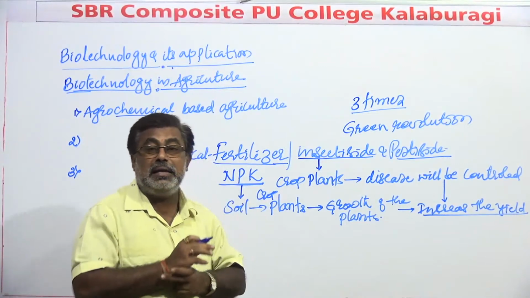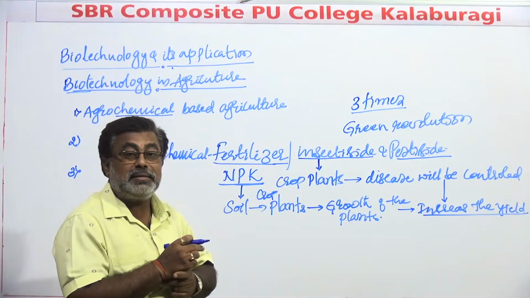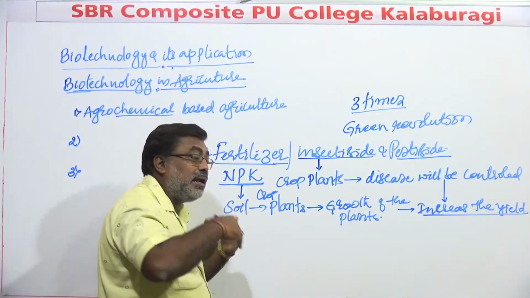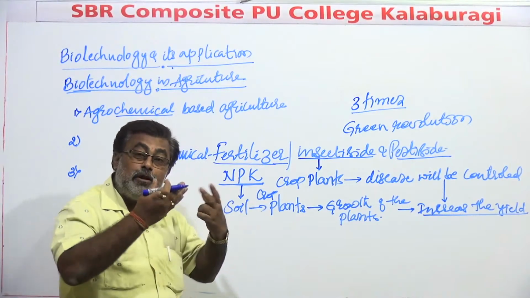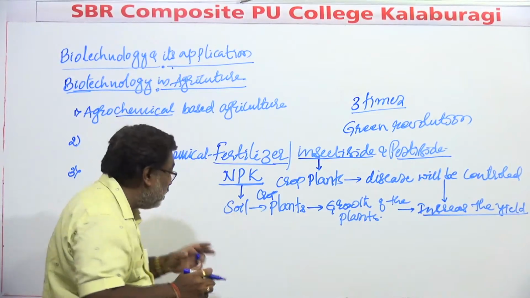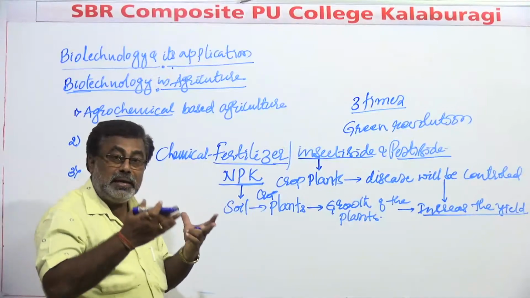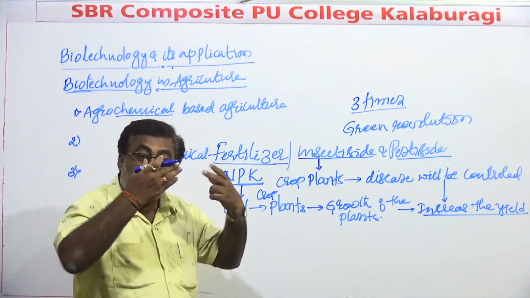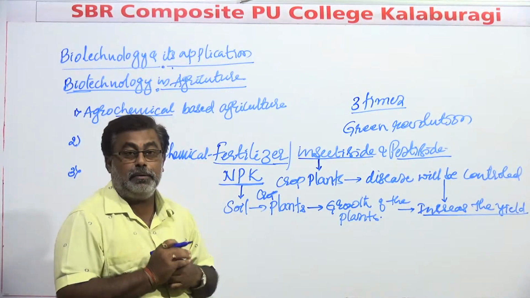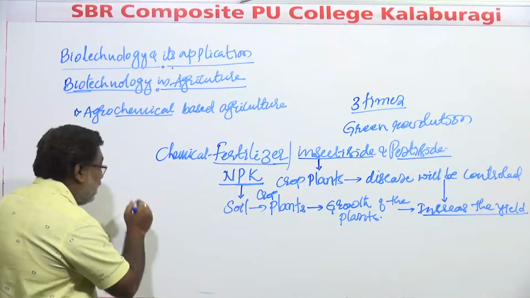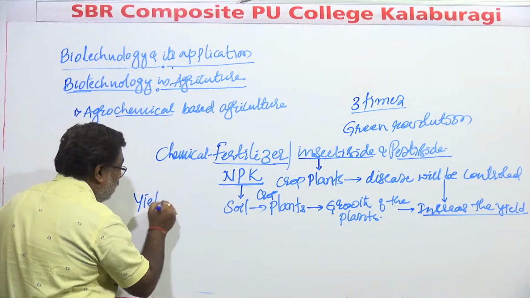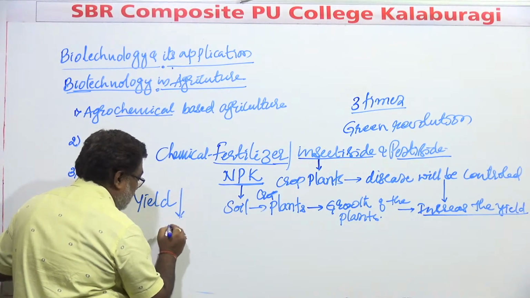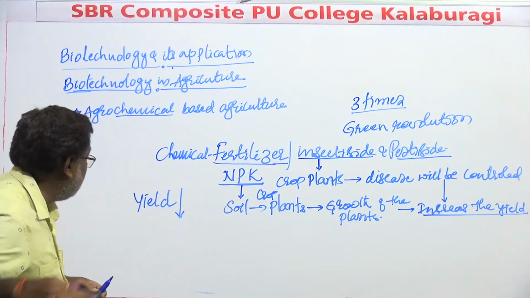So simultaneously, what happens as the days pass, as the time passes? In one year the yield will increase, next year also increases, after 2, 3 years, after so many frequent yields, what happens?